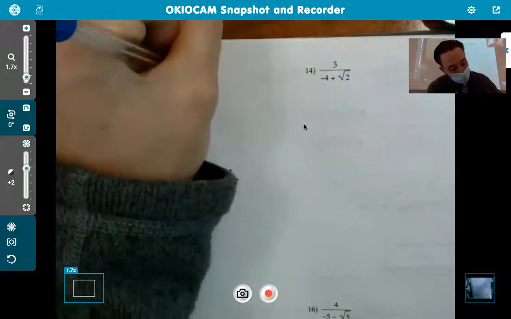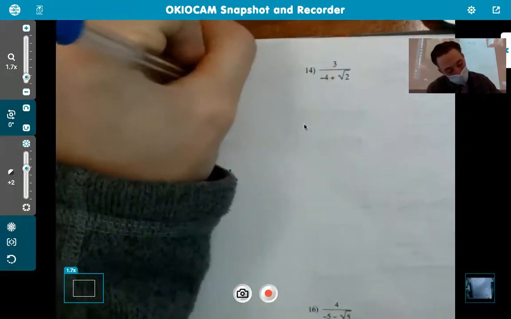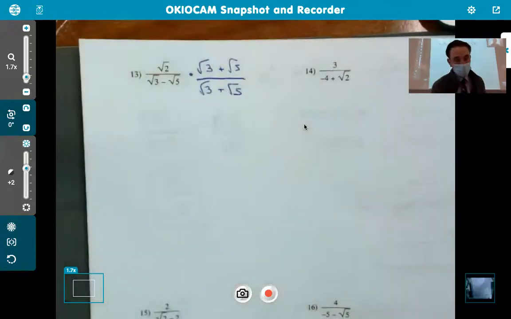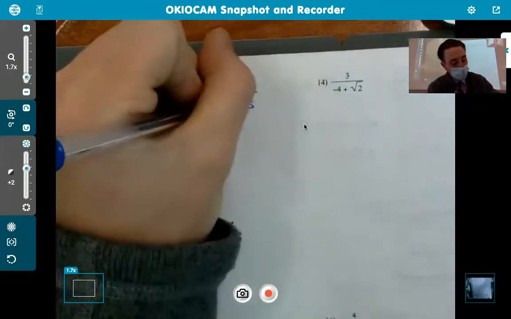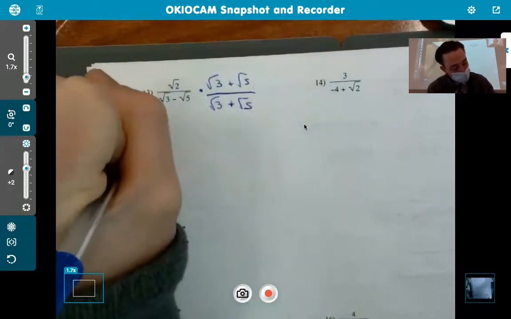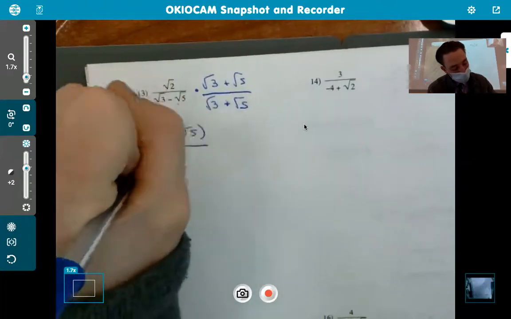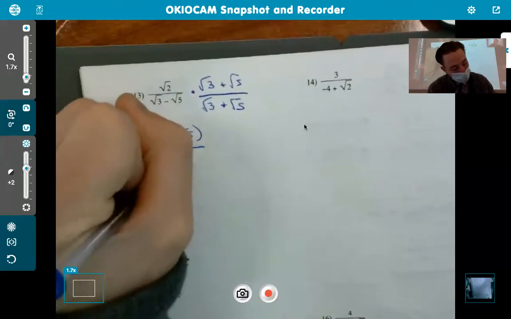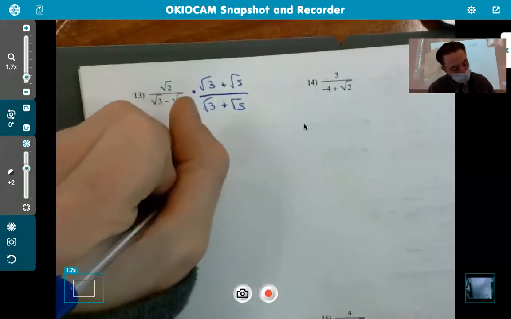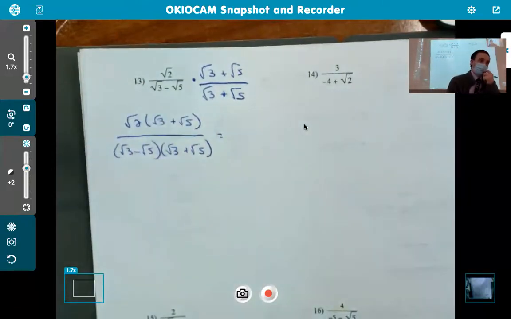Good. Keep those terms the same, just change the sign in the middle.